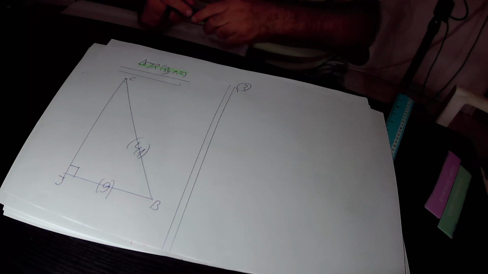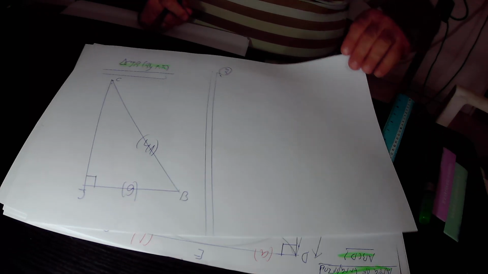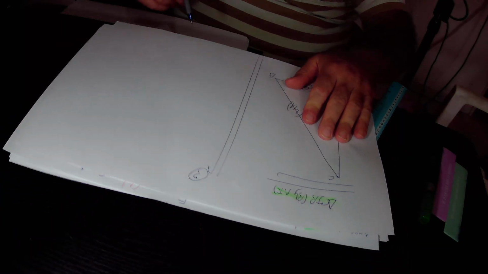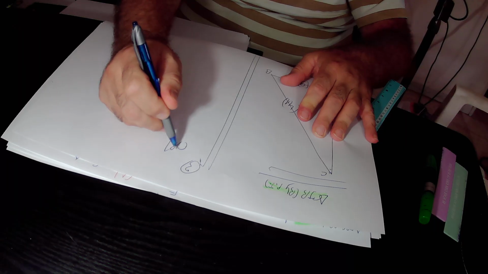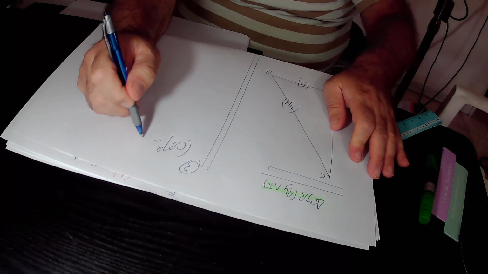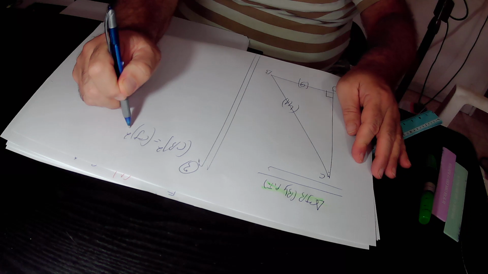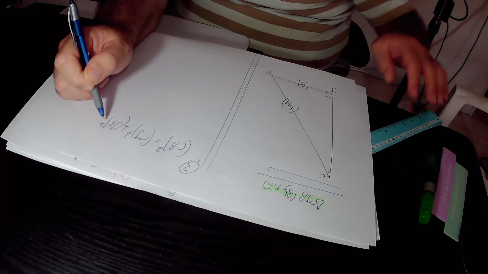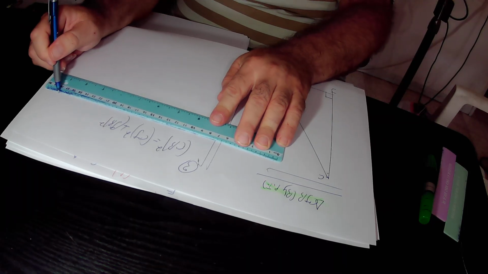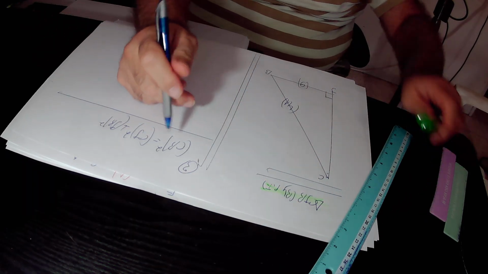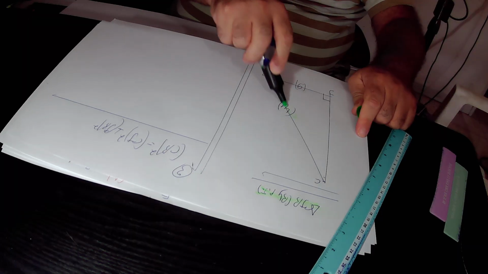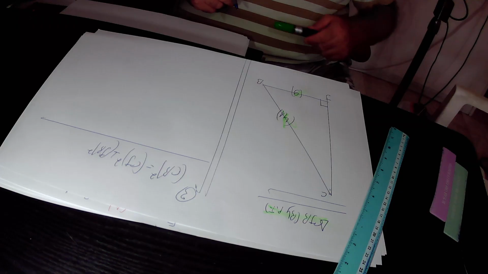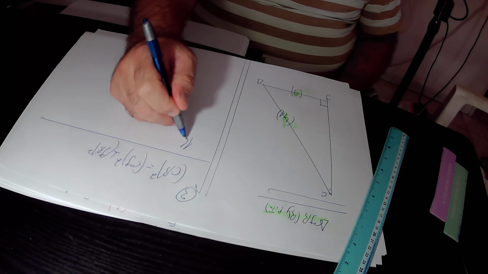So I write it down. CB squared, the square of the hypotenuse, equals CJ squared plus JB squared. CB is 41, therefore CB squared is 41 squared, that is 1681.